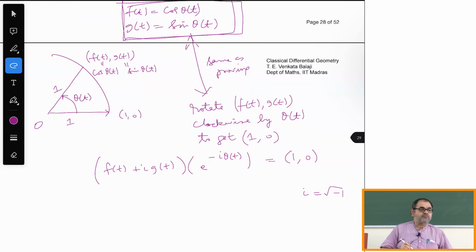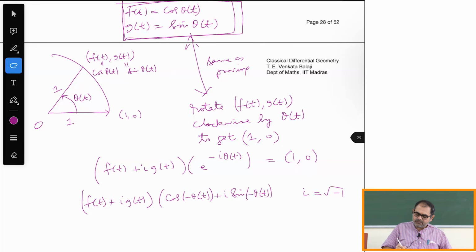By the de Moivre formula, e power minus i theta t is cos of minus theta t plus i sine of minus theta t. So this is going to be f(t) plus i g(t), into cos of minus theta t plus i sine of minus theta t, is equal to 1 comma 0.